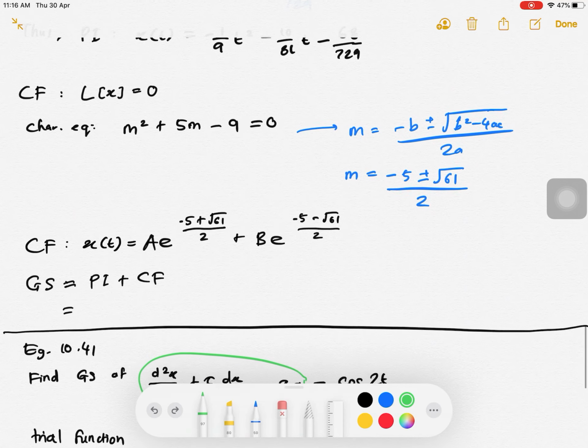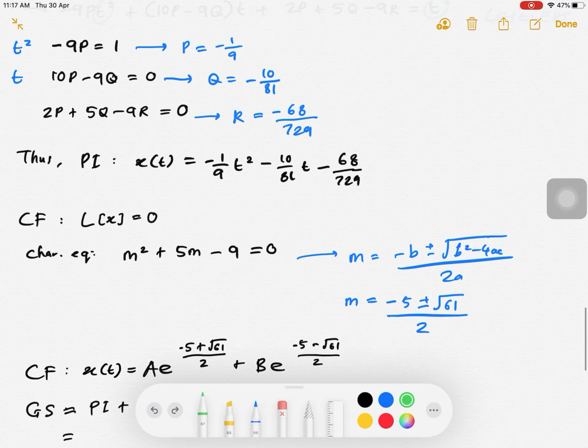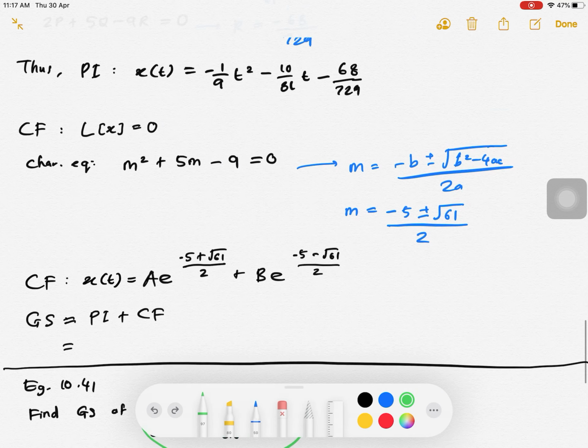Okay, so now we want to find the general solution when we have a non-homogeneous equation. So we will have two components, which are the particular integral and the complementary function.